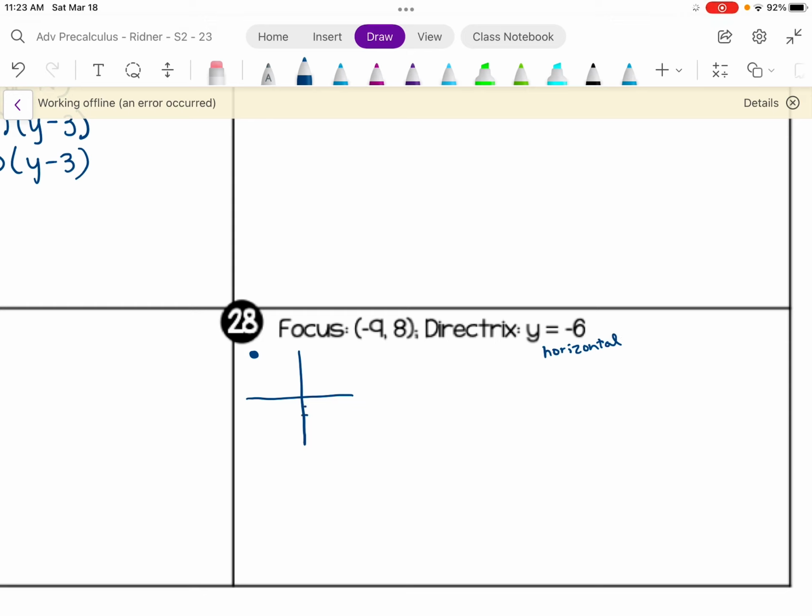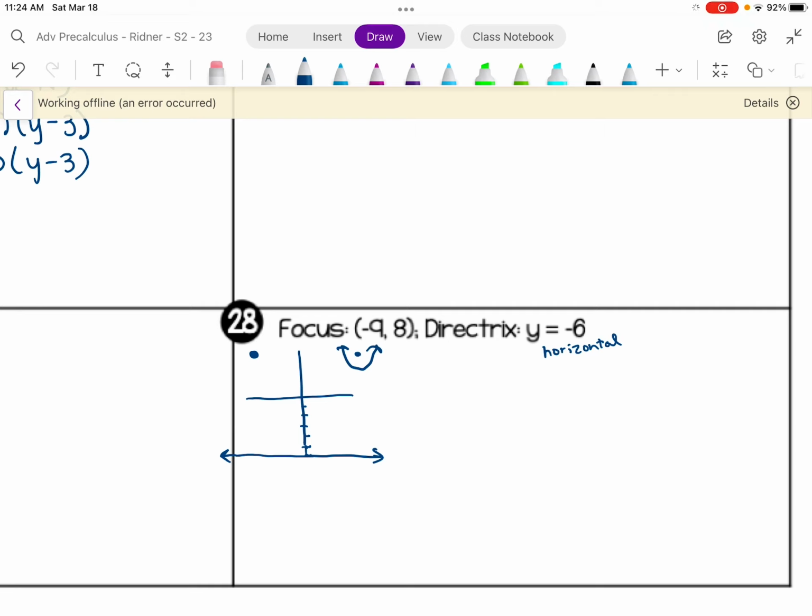So 1, 2, 3, 4, 5, 6. My vertex must be directly in the middle of that, and the focus has to be inside of the bowl, so it's got to be going up like that. Now I just have to figure out where that vertex is to do the rest of it.